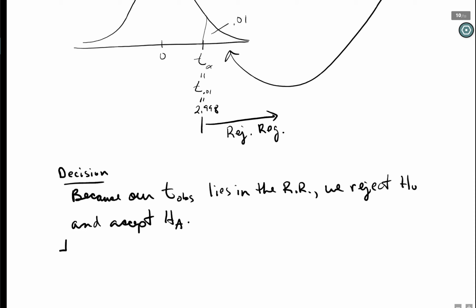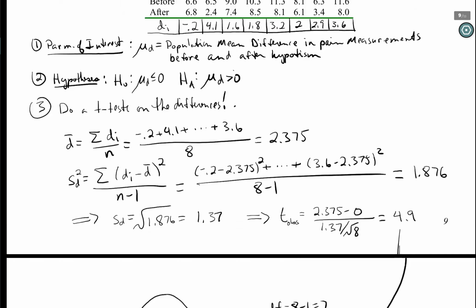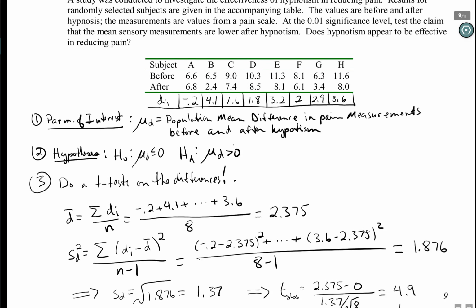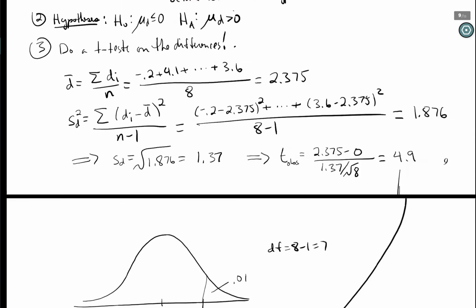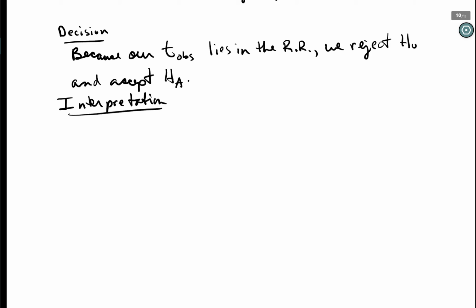The interpretation here: what does this mean? Well, mu d is bigger than 0. The average difference in pain measurements was positive, and so on the average, pain was reduced after hypnotism.